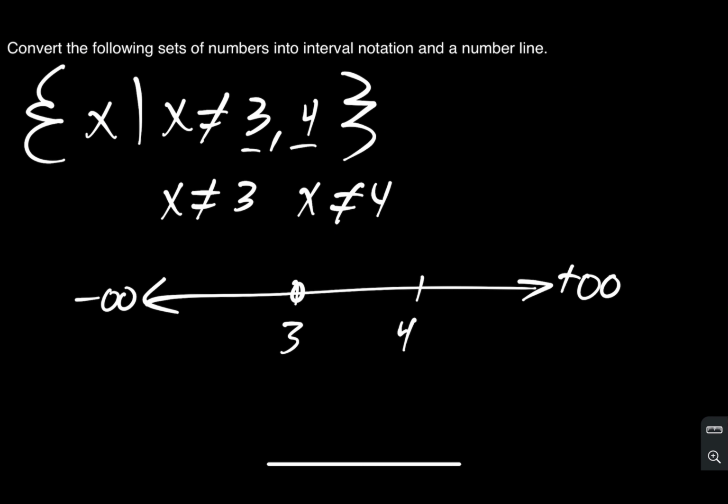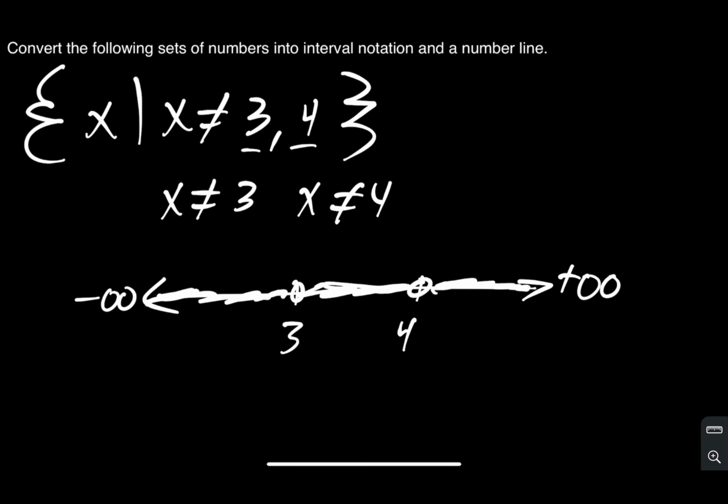And we have to do the same for 4, because x cannot equal 4. Now, we have to shade in our regions. Negative infinity to 3 is one of the regions. The inequality states that x cannot be 3 or 4, so it can be any value but 3 and 4. So we can also shade in the region in between 3 and 4, and we can also shade in the region from 4 to positive infinity.